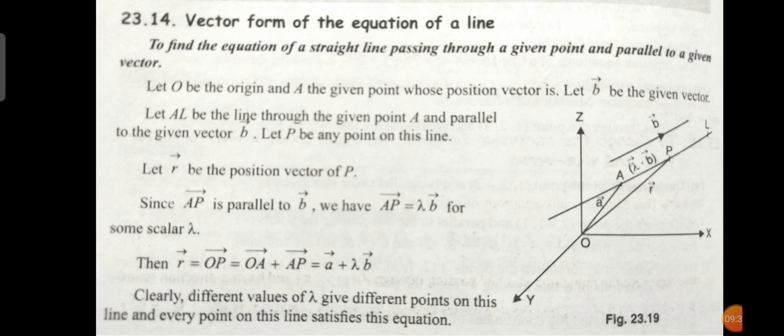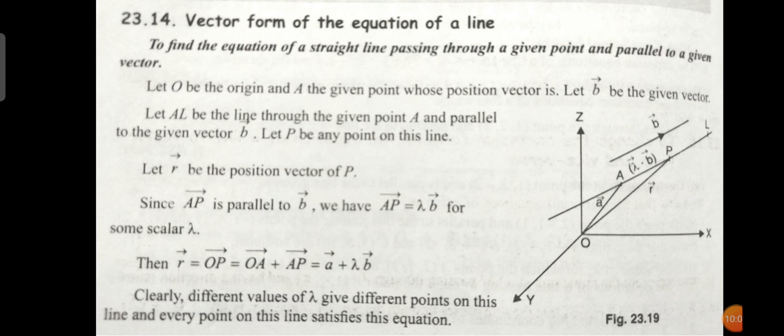Since vector AP is parallel to b, vector AP is lambda times vector b, for some scalar lambda. So AP is parallel to b, and vector AP is lambda b.